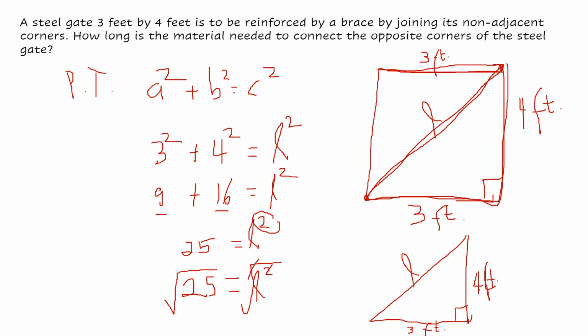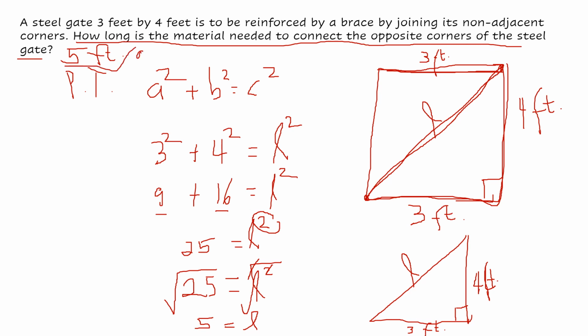And the square root of 25 is 5. So L equals 5. Therefore, the length of the material needed to connect the opposite corners of the steel gate is 5, and the unit is feet. 5 feet is the answer.